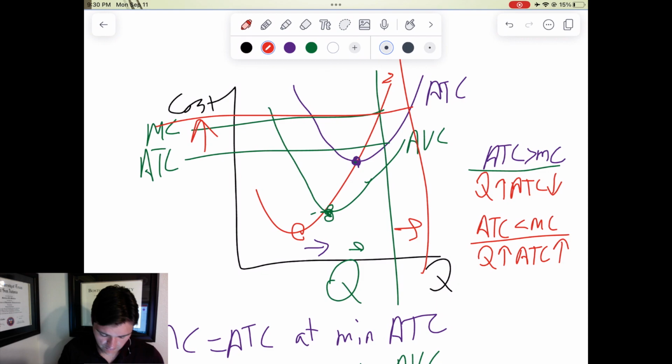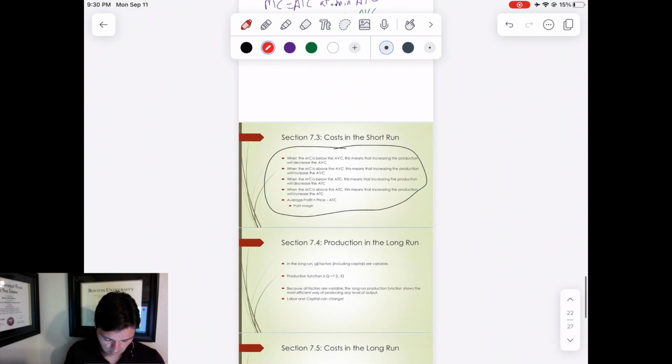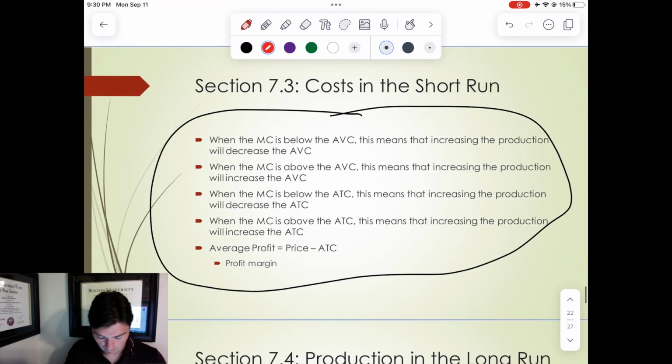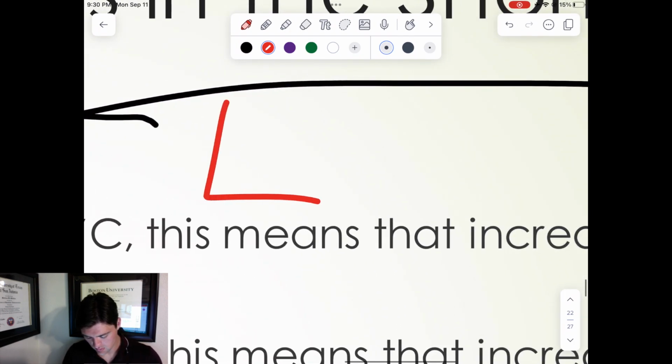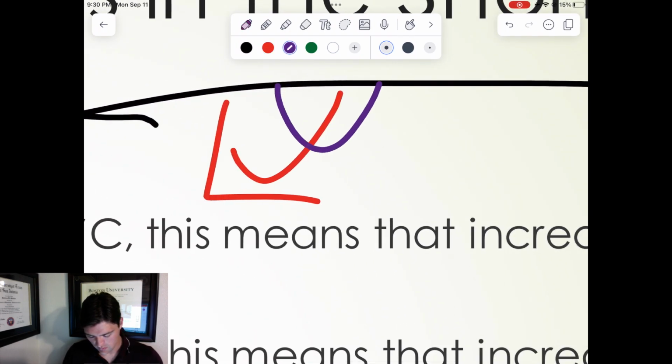If that's a little confusing, here's a little summary for you. When the MC is below the AVC, this means the increase in production will decrease the average variable cost. Right? So whenever the AVC is more than the MC, and you were to increase production, AVC goes down.